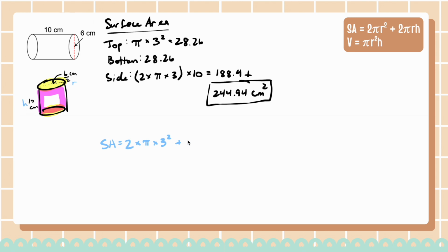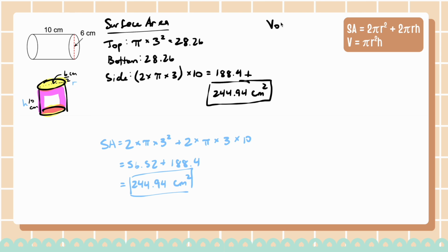So that means this part is going to say 2 times pi times r, which is 3, times our h, which is 10. Let's simplify all of this. So if I multiply all of these together, that gets me 56.52. And then multiplying all of these gets me 188.4. Adding these two is going to get me 244.94. And that's centimeters squared. And that's my surface area.